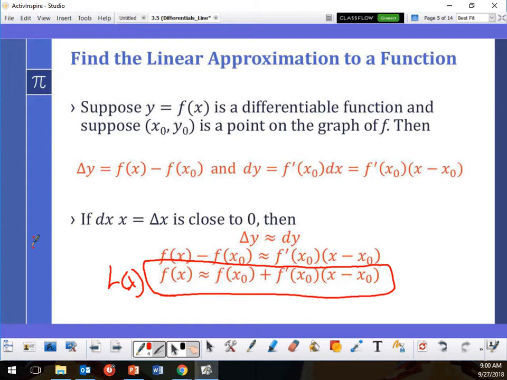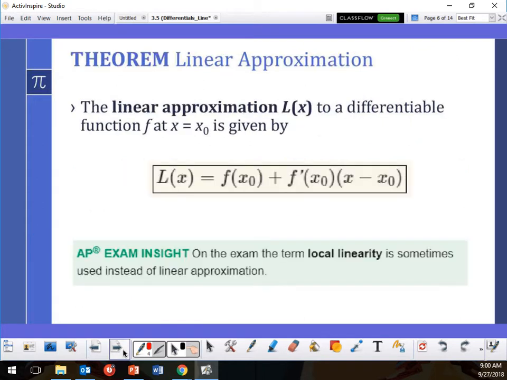All right, so then it says f of x sub naught, which is the initial point that's going in there, and the derivative of f at x sub naught, which is the point again, and then it's going to be x minus this. So it's actually like the point-slope equation, where we get y equal to this or that. So there it is again.